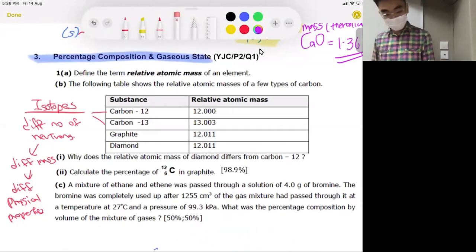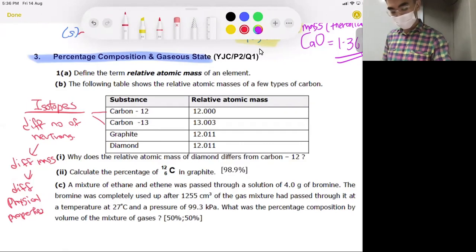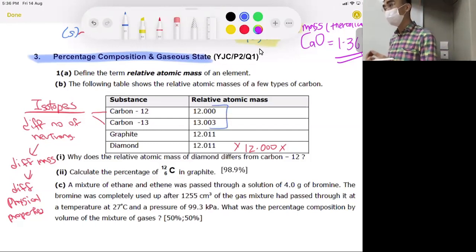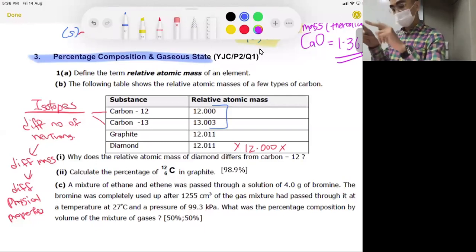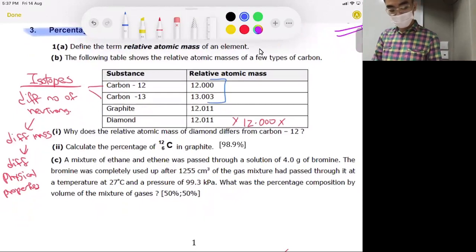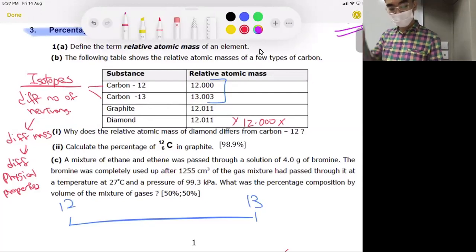So they're asking you why the Ar of diamond is not 12. By right, we expect diamond to be just 12.000, but why is it not 12? Your answer lies in the top part. You should consider the presence of both isotopes. If both isotopes are present, then you usually will not get a whole number value, because you realize this is 12, this is 13, and your so-called average mass is 12.011.